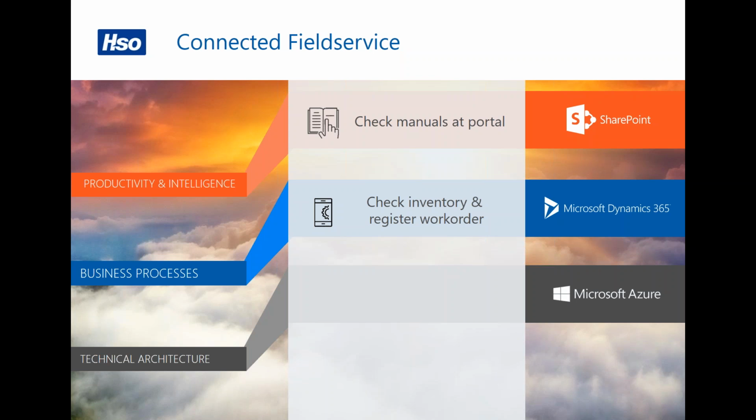So using his single app for field service, he's able to see information from SharePoint that he will need to solve the problem at the customer side. At the same moment, the inventory of what he could need, or will have in his car, to repair the air conditioning unit is checked, and a work order will be registered. That's covered by Dynamics 365, of course.